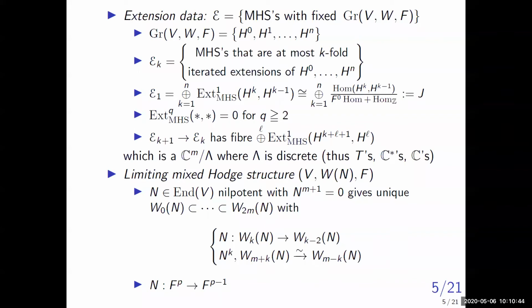From that, there's a standard linear algebra construction of a weight filtration that has length basically twice the index of nilpotency of N. So it's the unique weight filtration satisfying those 2 linear algebra conditions, plus the condition that it shifts the Hodge filtration by 1. Okay, so that's a limiting mixed Hodge structure.